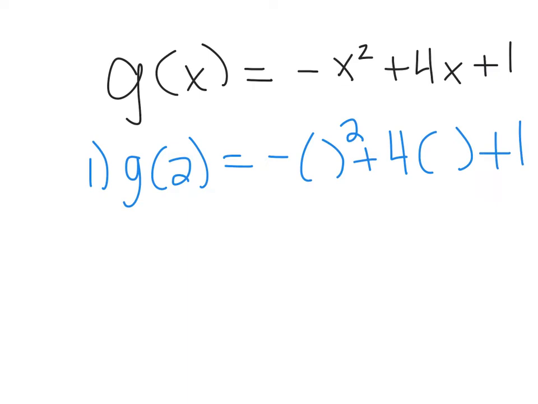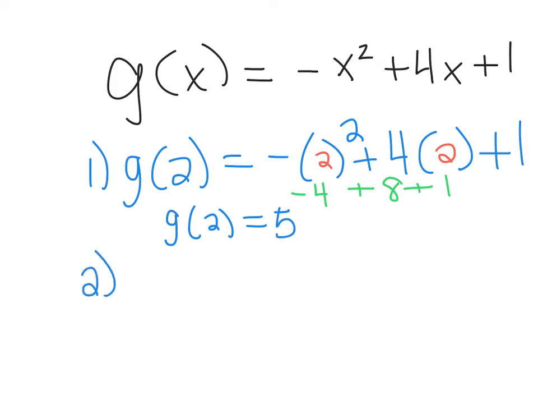And I do that so I don't mess up the plus and minus signs. So I'm going to plug in my 2, 2, 2. We know that 2 squared is 4, and the negative out front makes it a negative 4, plus an 8, plus a 1. So our answer is going to be 5. So g of 2 equals 5.